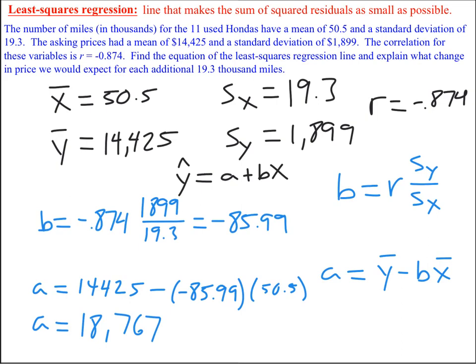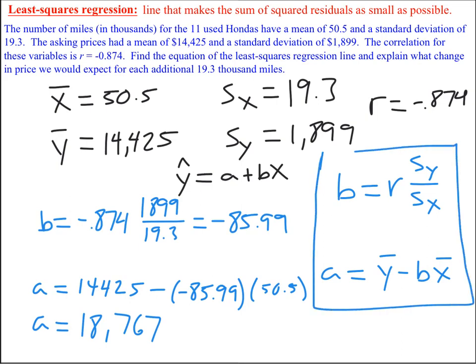So it put me off like, what, $6? We could have added more decimal places and had less rounding error, but the idea here is with these formulas, if you are asked to get a regression line without the data and just from some select measurements, it can be done, and this is the approach we would take.